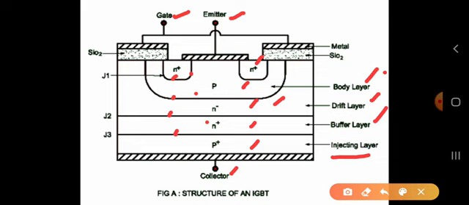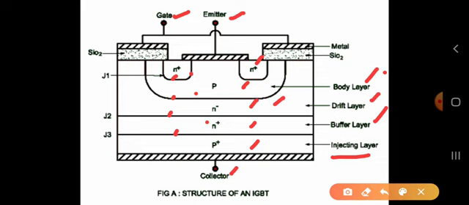The extra one added is the injecting layer, P plus, and you already know that plus and minus also indicate the doping intensity. So here the P plus injecting layer and the N plus regions are heavily doped, with a doping intensity of 10 raised to 19 per centimeter cube. The P type body region is moderately doped.